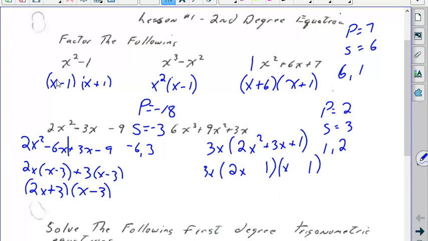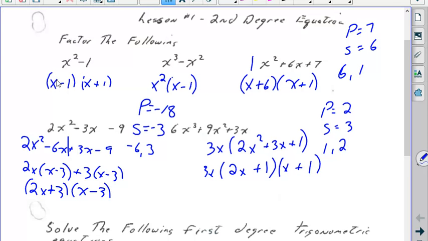Now I just have to put positive or negative signs in here, so when I multiply this out, I'm going to get a positive 3. That's what I call the trial and error method. It works really well for that one. It doesn't work so well if you've got multiple factors, like 4x squared plus 9x plus 12, or plus 13. I'm not going to do it with that one. Too many factors.